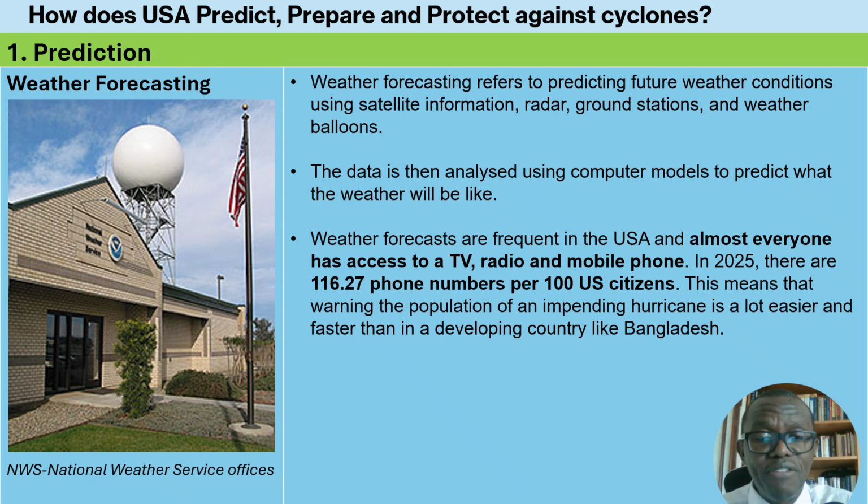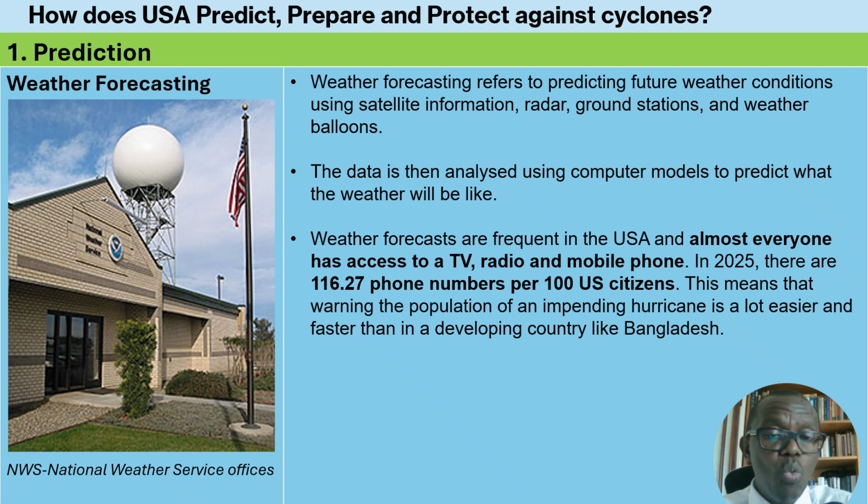In 2025, there are 116.27 phone numbers per every 100 US citizens. So everyone in the US pretty much has a phone. So it's easy for them to be reached, especially if we are talking about text messages through mobile phones to warn people of an impending hurricane.